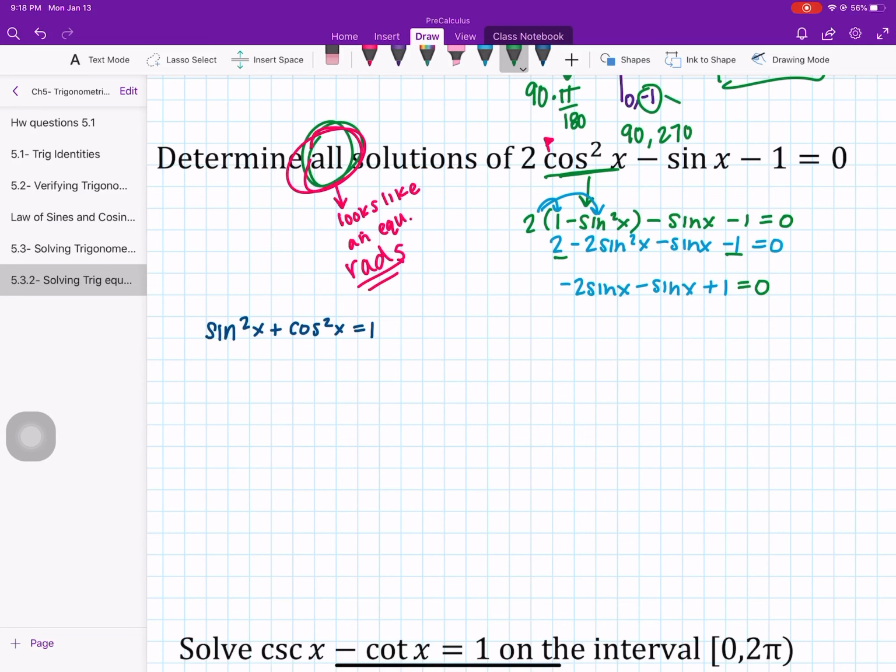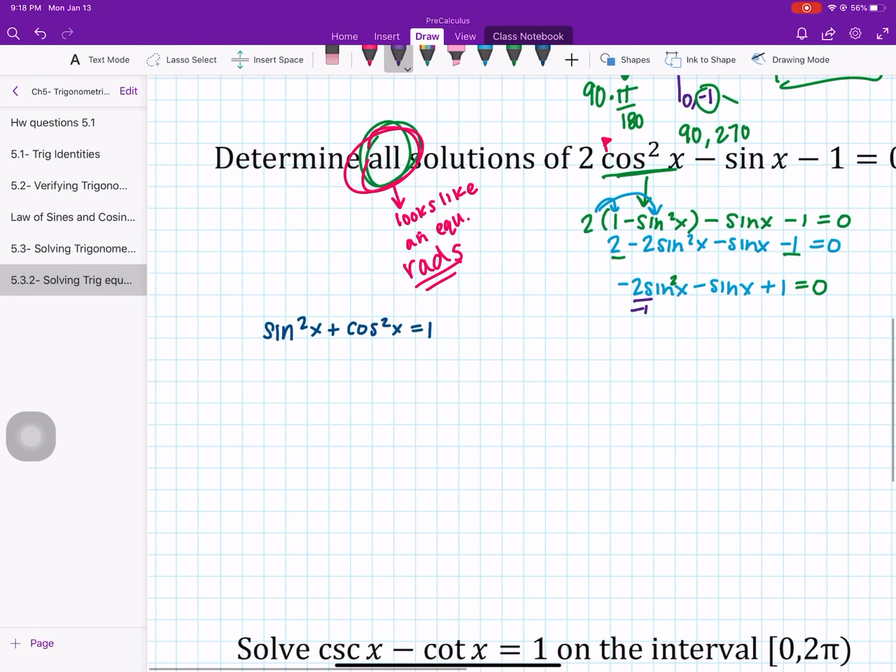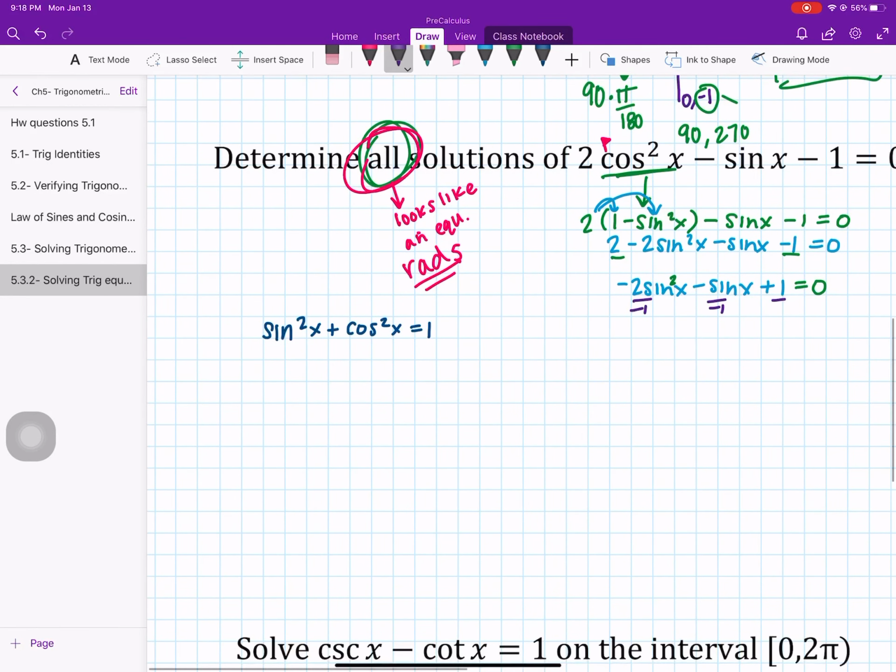Whoops, forgot my square there. This is again going to be a factoring problem. I don't like it when I'm factoring and my leading term is negative, so I'm going to go ahead and just divide everything in here by a negative to make it become positive, which for my brain is a little bit easier.